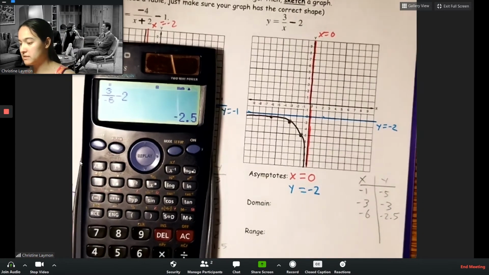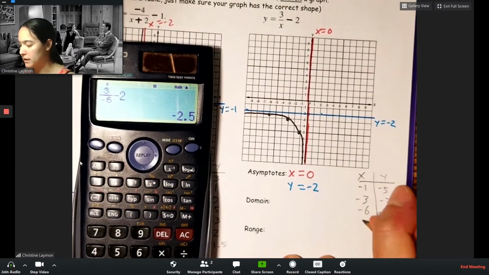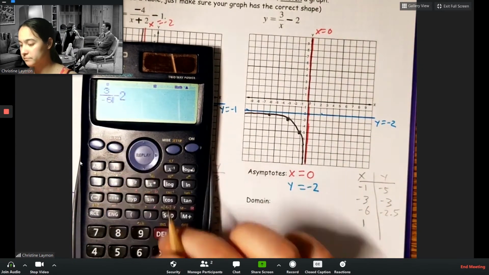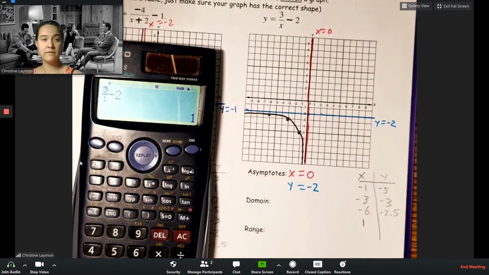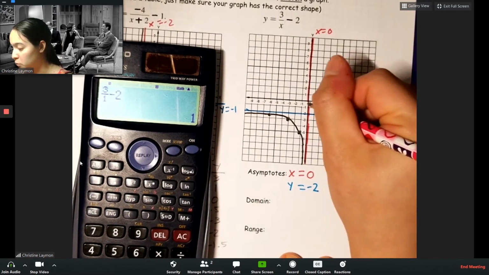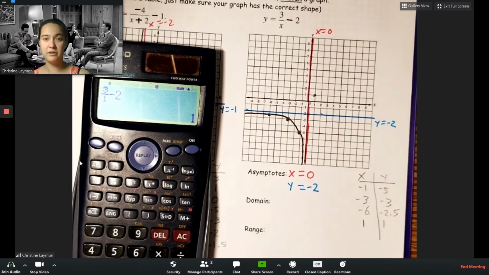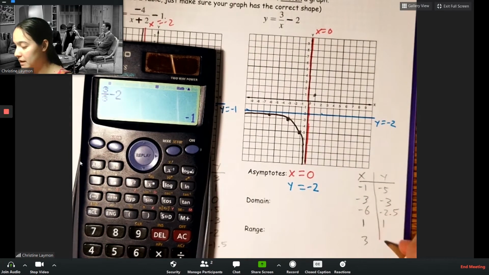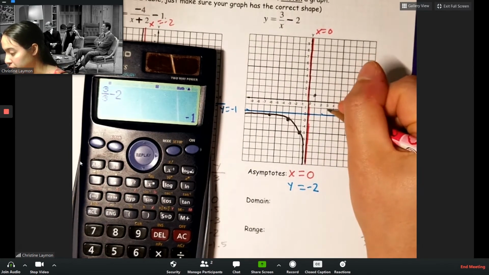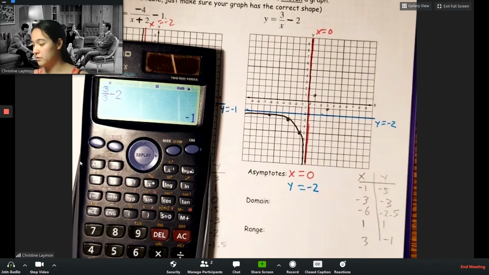Okay, so looking at that same function, let's go ahead and start by plugging in +1. That gives me out 1. So 1 is on here. Let's go ahead and plug in 3. If I plug in 3, I get -1. So 3, -1. And let's stick with this pattern and go to 6.